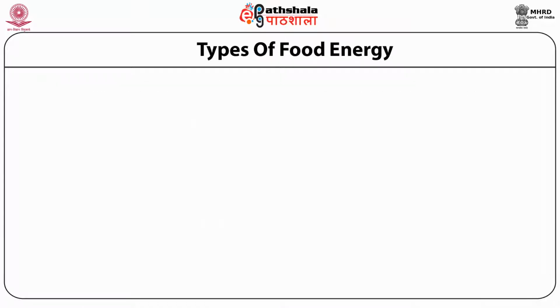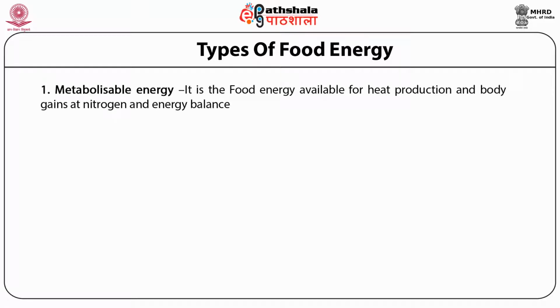There are two types of food energy: metabolizable energy and net metabolizable energy. Metabolizable energy is the food energy available for heat production and body gains at nitrogen and energy balance.